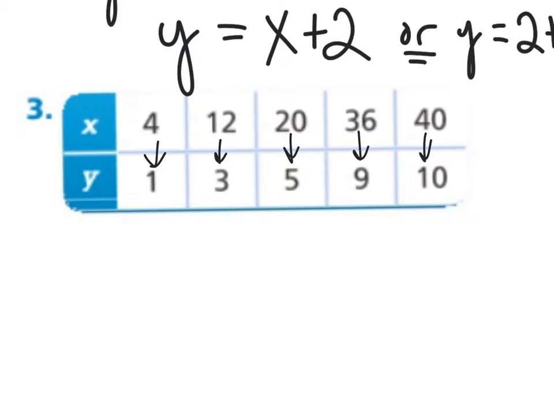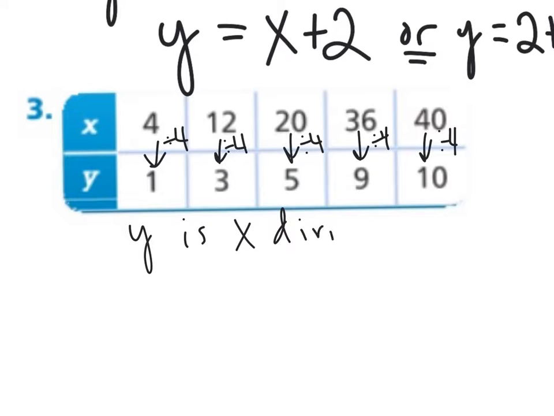Must be dividing. 4 divided by 4 equals 1. 12 divided by 4 equals 3. Okay, dividing by 4 works for each of these, so one way of saying it, we could say y is x divided by 4. So our equation, we could have y equals x divided by 4.